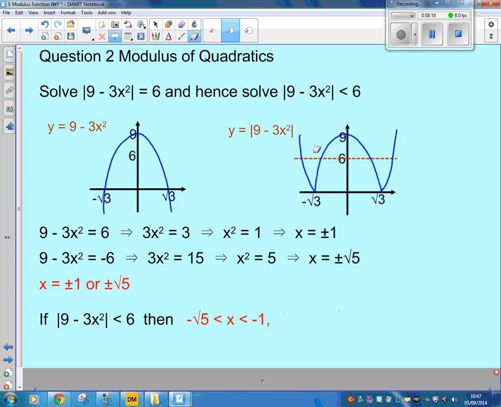So it's between minus root 5 and minus 1. The other solution is between 1 and root 5. So 1 less than x less than root 5. Okay, notice it's a strict inequality, less than 6, so we're going to have strict inequalities here. Don't have less than or equal signs there, got to be less than signs. Okay, and that's covering both bits.